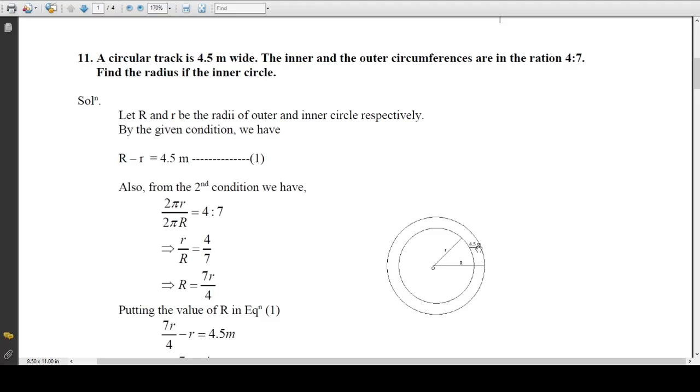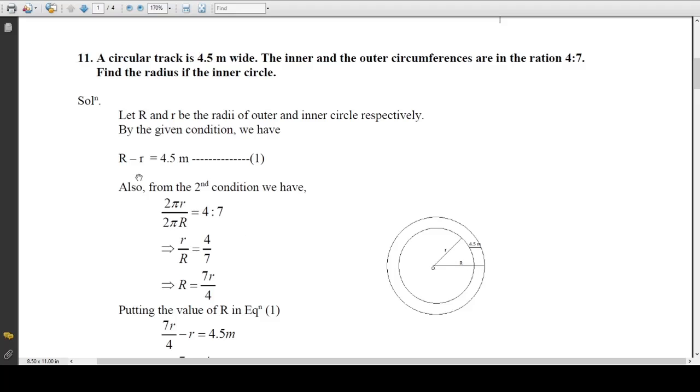Okay, the inner and the outer circumference of this circular track are in the ratio 4:7. This means the circumference of the inner circle divided by the circumference of the outer circle will be in the ratio 4:7.